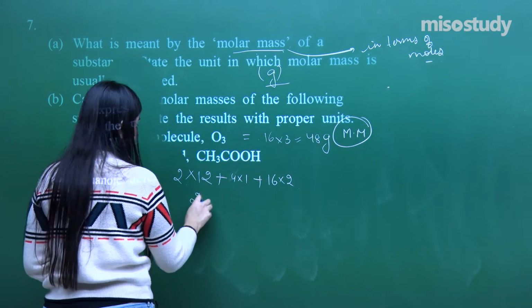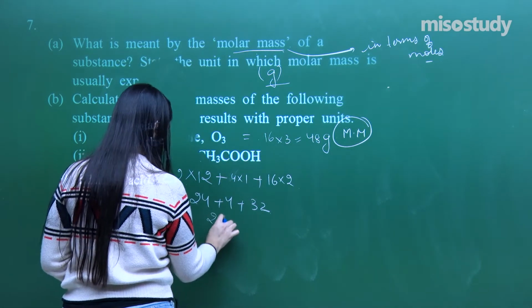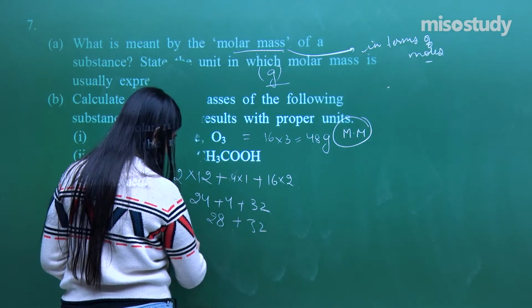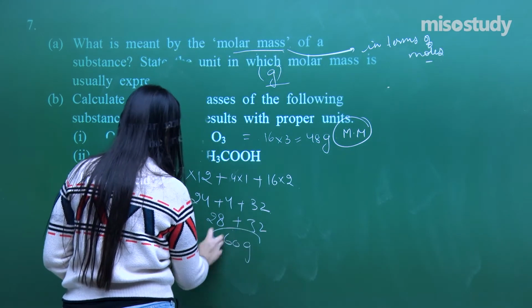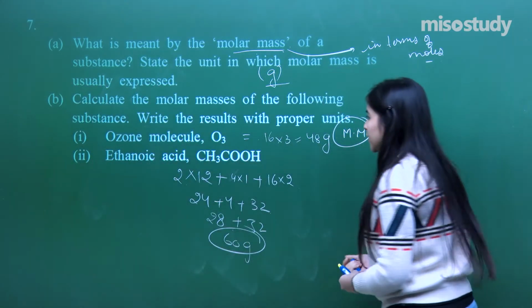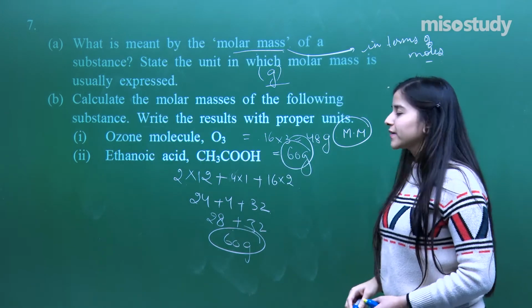How much? 24 plus 4 plus 32, how much? 28 plus 32, that is 60. It is coming out to be 60, yeah, that's right. So 60 grams for the ethanoic acid is the molar mass for this particular compound.